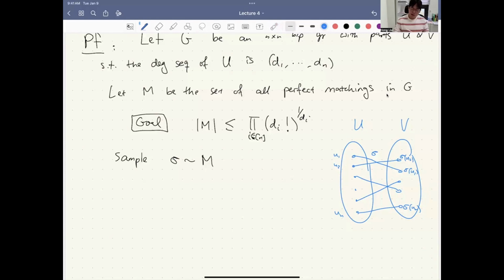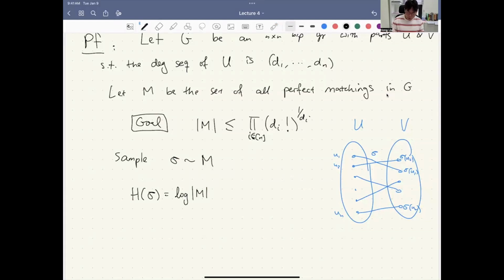What we need to do now, since sigma is uniformly generated by maximality, the entropy of sigma is nothing but the log of the size of its space of values where sigma takes, which is m.